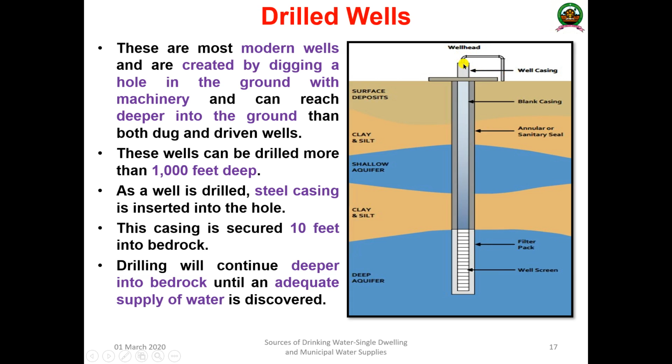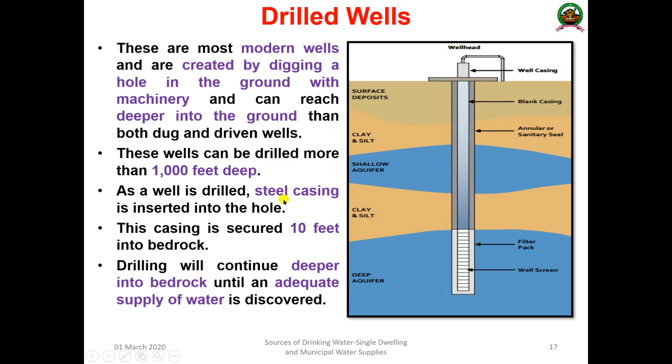A long pipe is inserted into the deep aquifer, and here you can see the well screen and the filter pack, and clay and slate. These wells can be drilled more than 1,000 feet deep.